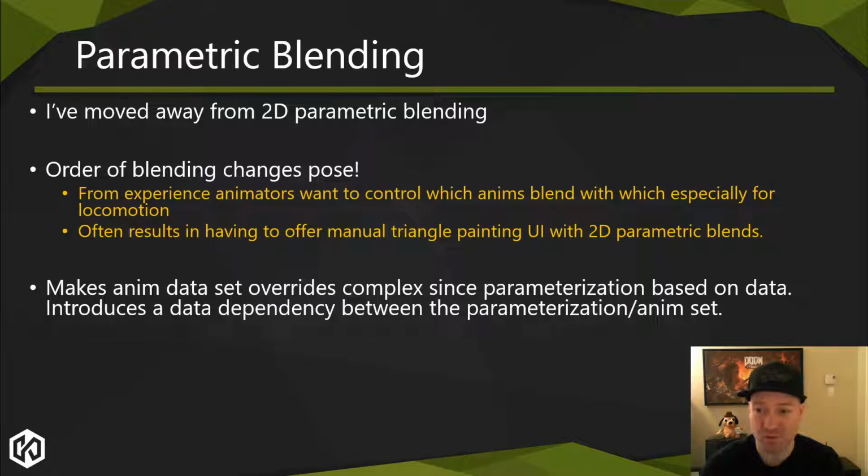So now you're also storing the parameterization inside of the data set, which complicates that compilation step. You have to be able to preview. It just makes a big pain across the board for little to no benefit.